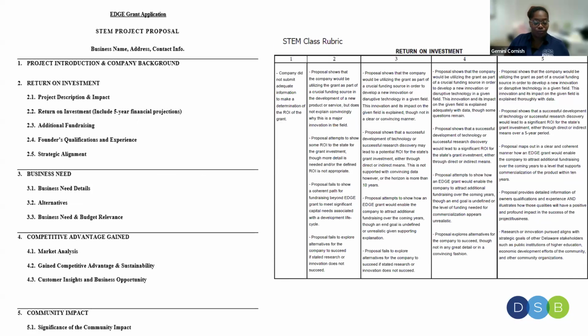So on the left, I'll go through the sections of the template that you will need to use. And please use these in the correct order. So part 1 is the project introduction and company background.